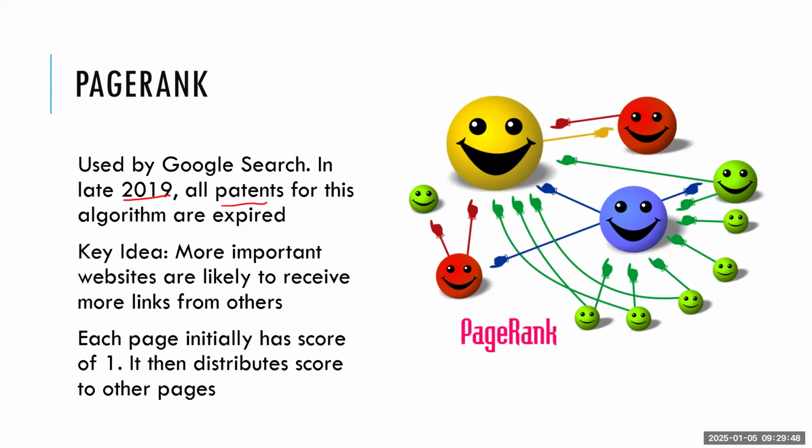In a website, you have a web page, and in the web page you will have links to another page. So basically, it's a link network. The key idea is that if there are many websites linking to the same page, say 1,000 websites have a link to this particular page, it means this page must be very important because everyone keeps referring to it.